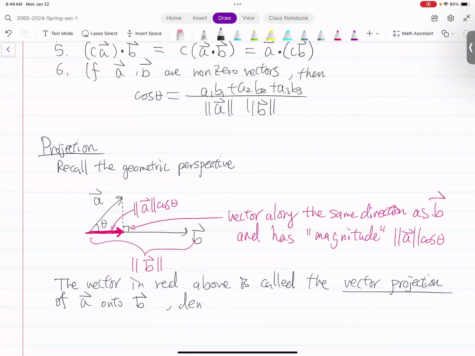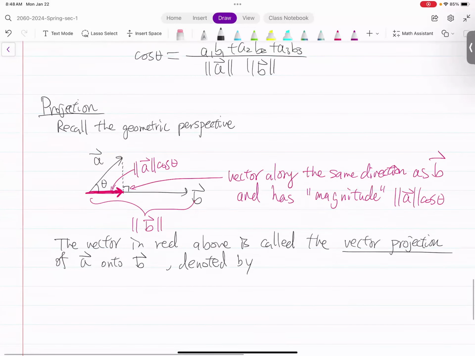And the notation is something new, denoted by the following. We write the first four letters of the word projection, and then a subscript that tells you which direction you are projecting onto. And then what vector are you projecting?